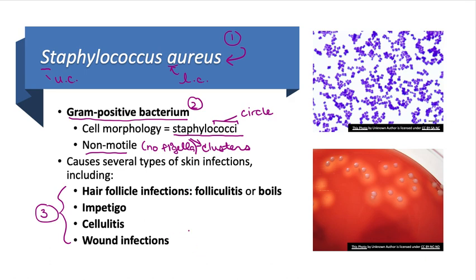And then finally, you need to know whether or not it produces endospores. Since it's not Bacillus or Clostridium, there will be no endospores. Since it's not gram-negative, there will be no lipopolysaccharide. And then in terms of capsules, we'll find out as we get to the virulence factor. I'll let that remain a mystery for now.